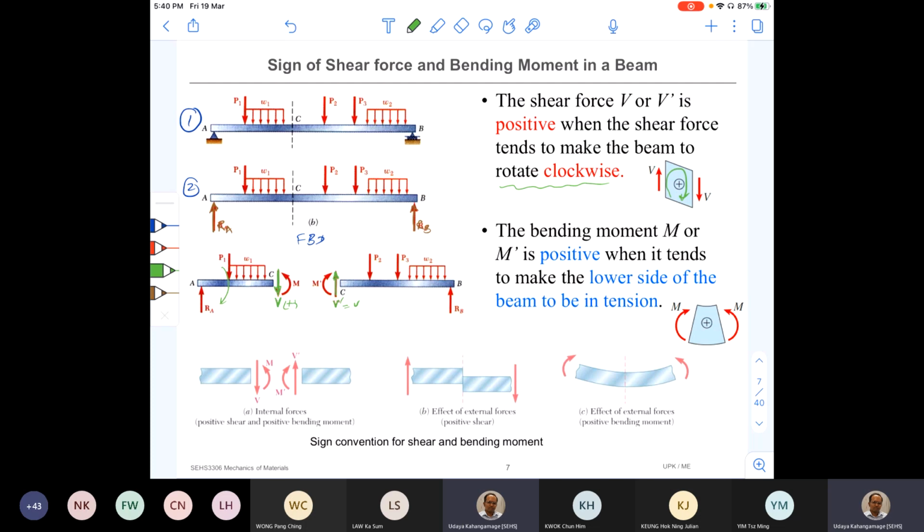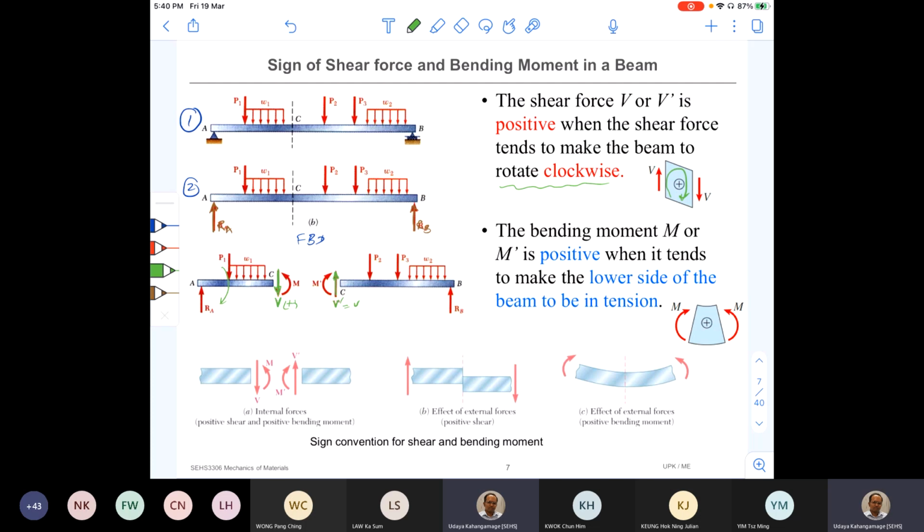I mean, they cancel off. You cannot see them. Now again, look at the beam section CB and forget about all the other loads and keep only the reaction force at B. Then apply the shear force V prime upwards.